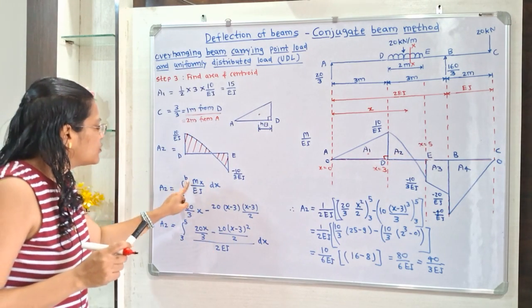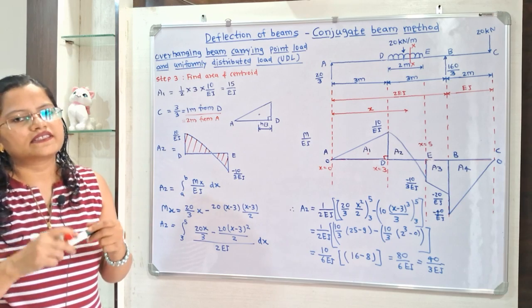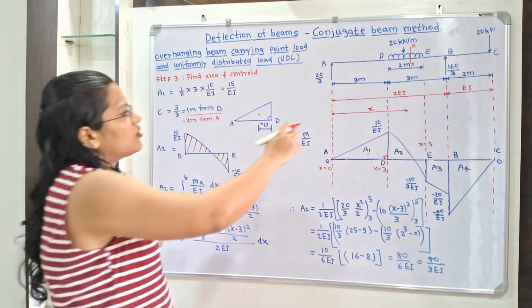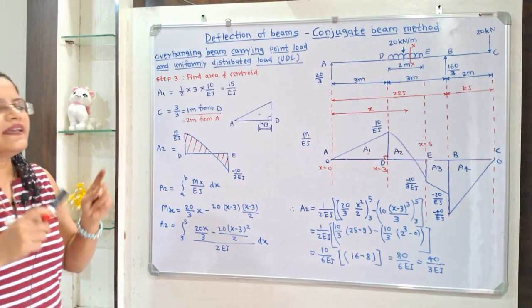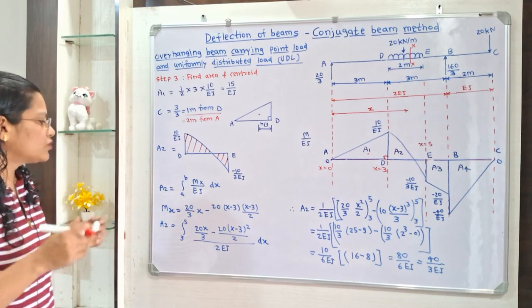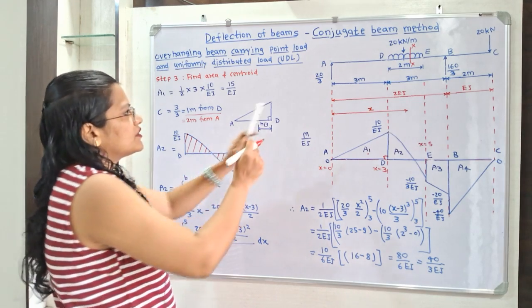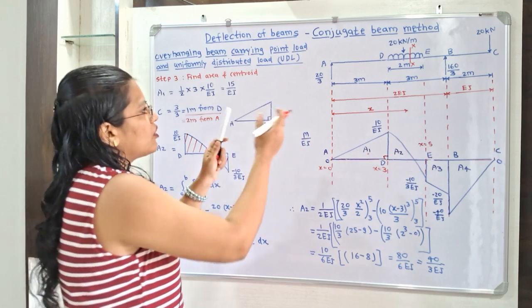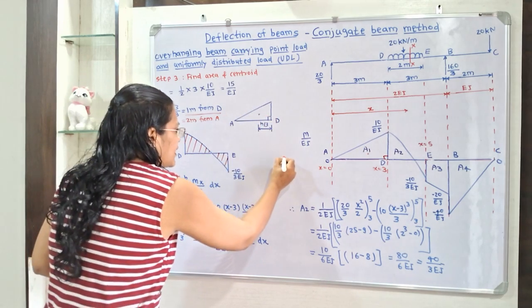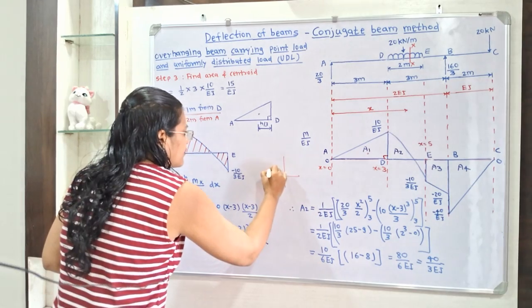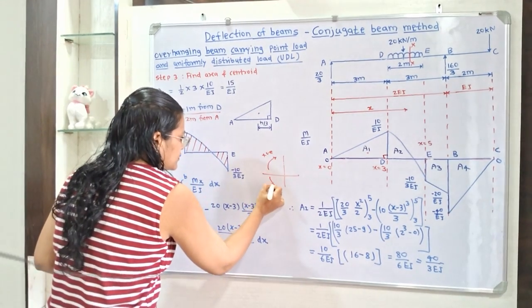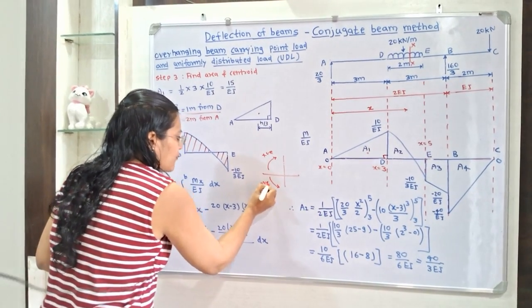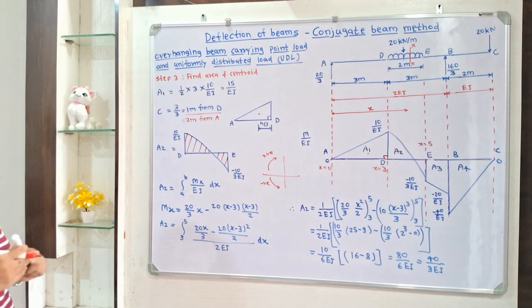Now how to calculate this Mx? Mx is the bending moment along this section xx. So again we will apply this bending moment rule. Sign convention: the forces we have to take on the left hand side. On the left hand side, for clockwise direction use positive sign, and for anti-clockwise direction use negative sign.